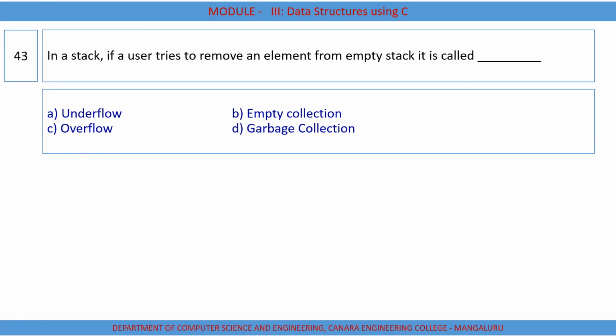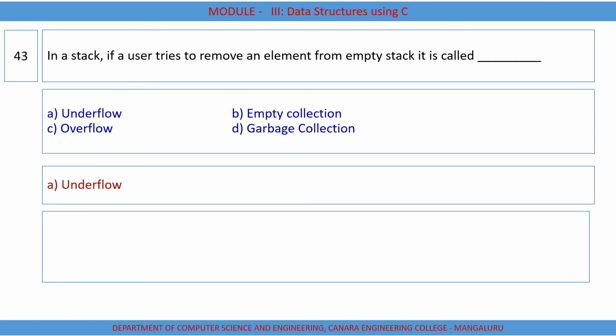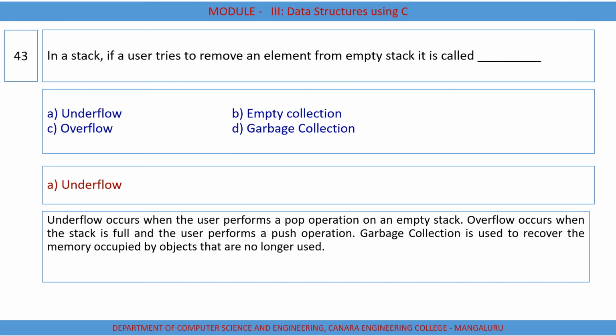In a stack, if a user tries to remove an element from an empty stack, it is called: underflow, empty collection, overflow, or garbage collection. Out of these four options, the correct answer is underflow.